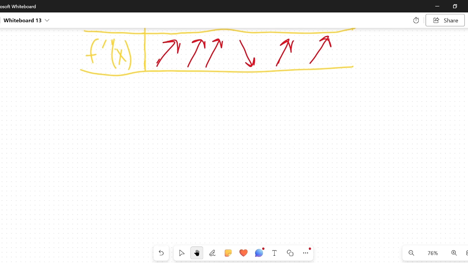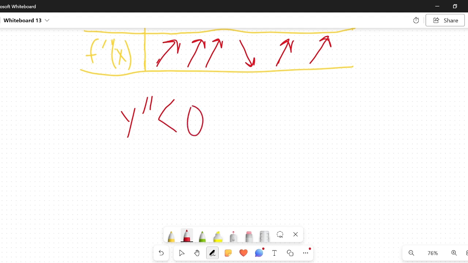So now, with concavity: like I said, the second derivative determines concavity. If the double derivative is less than 0, it's going to look something like this, where it's concave down, like scooping downwards.